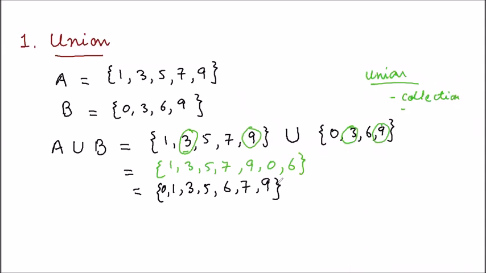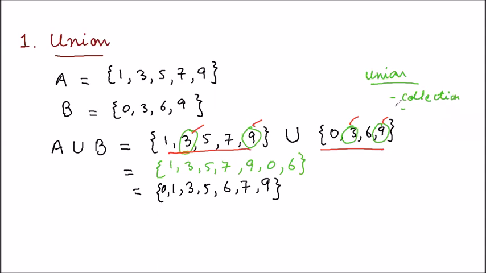Now in this question, observe that we have written all these elements, but we have not repeated these two elements because these two elements are in both the sets. So we are writing 3 types of elements.